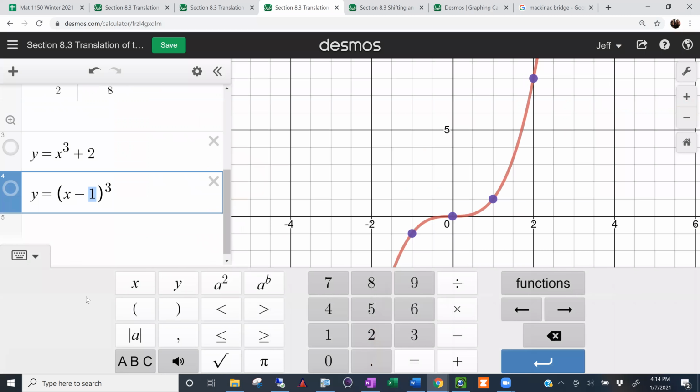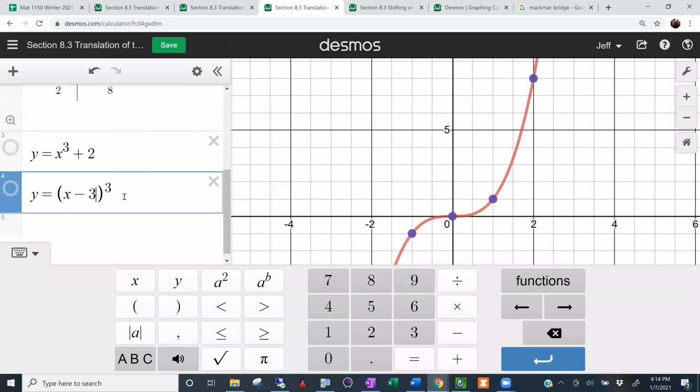I'm just going to do a minus 3 and a minus 2. So minus 3, that's just shifted the graph to the, yes, right by 3. And then, well done, down by 2. Yeah, I'm impressed. You really know your shift.